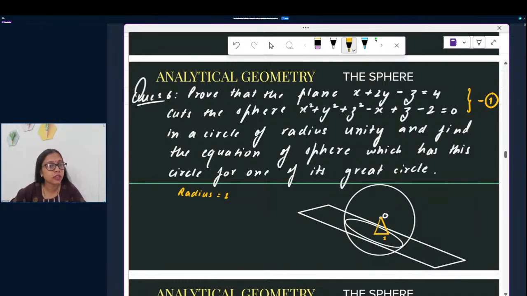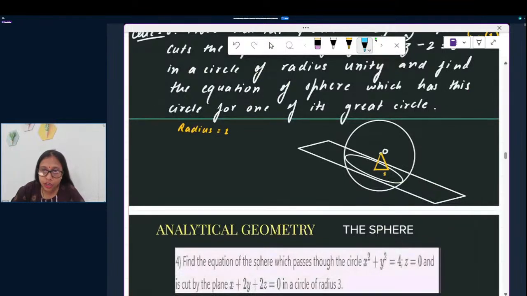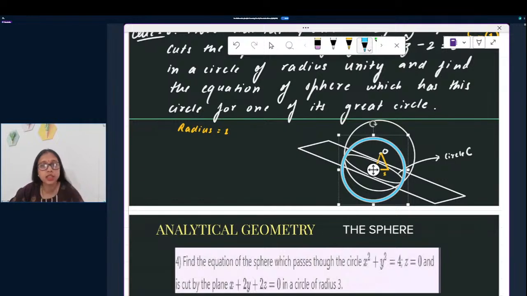Now they are asking you to find the equation of a sphere. We can find the equation of a sphere if I know the center and the radius of that sphere. That sphere they are talking about is saying that this should be the greatest circle of that sphere. That means the center of this circle C should coincide with the center of the sphere that we are asked. This is circle C, and they are asking for a sphere whose greatest circle is circle C.